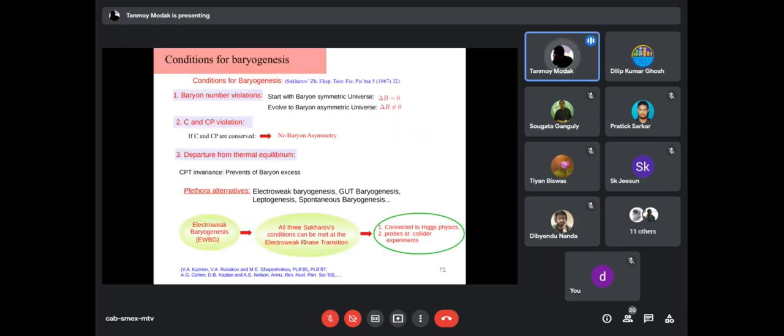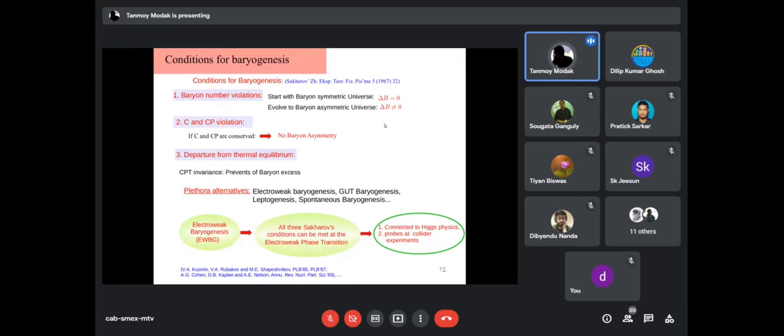What are the conditions for baryogenesis? They were laid out by Sakharov long back in 1967. You start with a baryon-symmetric universe, where delta B, the change in baryon number, is 0. Then you evolve to a baryon-asymmetric universe where delta B is not equal to 0. You need C and CP violation.